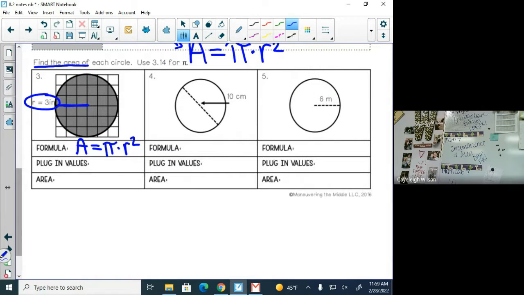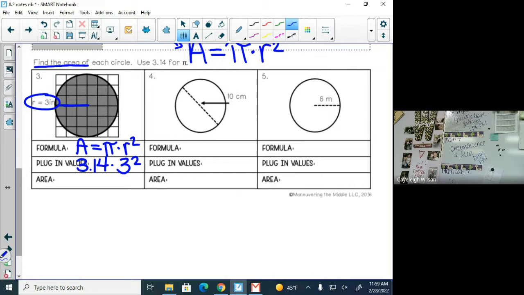Now, the next step tells us to plug in the values. So we know that pi is what again? 3.14. And what does it tell us the radius is? 3. 3 squared, because the formula for area is always the radius squared. So on my calculator, 3.14 times 3 squared, enter. We are going to do 2 decimal places unless it tells us different.